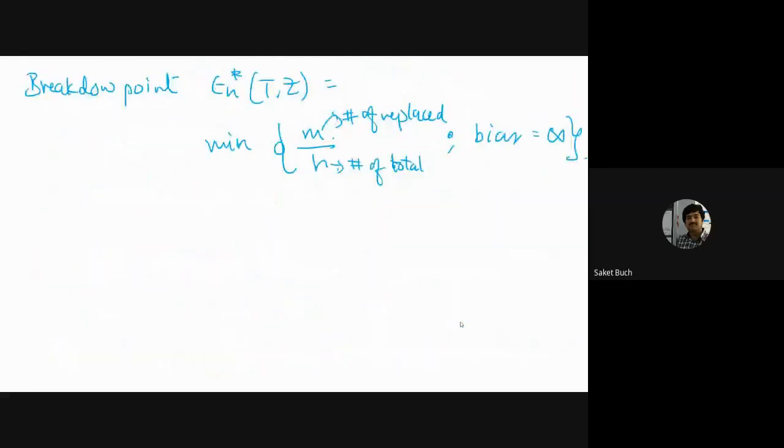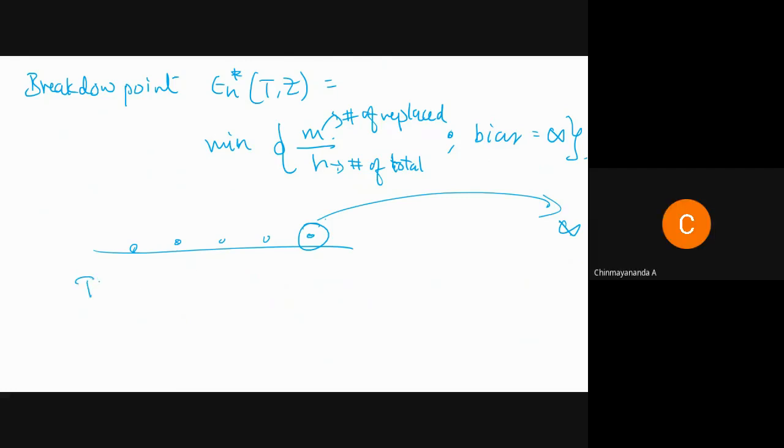Or to just make it simpler, let's say these are the points that I have. Now I put one point at infinity. I will replace this point and put one point at infinity. The actual estimation that we were trying to do was that of the mean. Let's say this mean was something like 0, with points -1, -2, 1, 2.